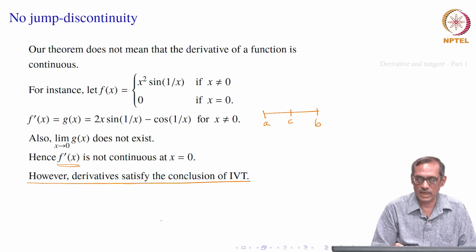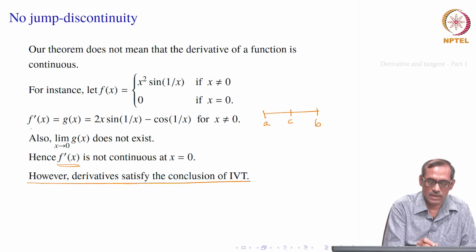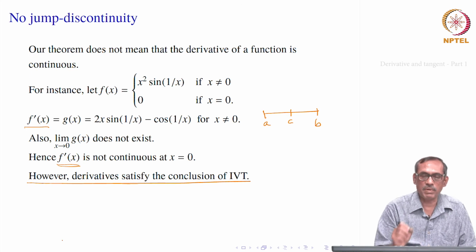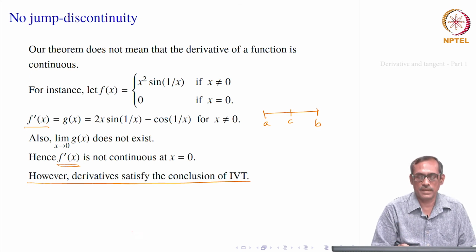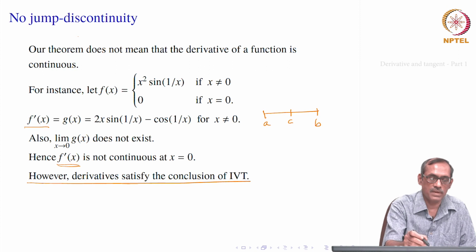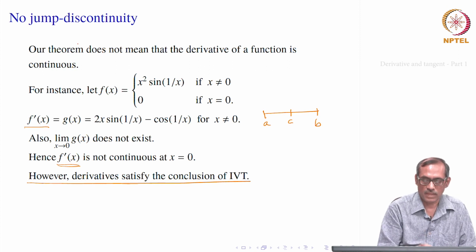This is the intermediate value property. A derivative like g x here, f prime x, satisfies this property, though it is not continuous. So, our theorem says that it does not have a jump discontinuity. There will not be a jump in f prime x, though it is not continuous.